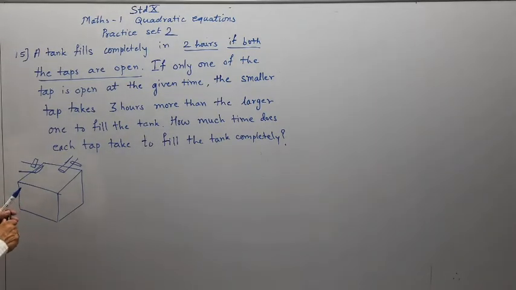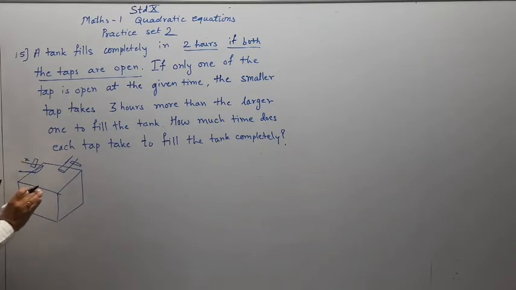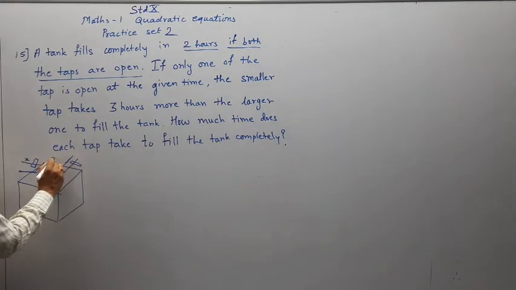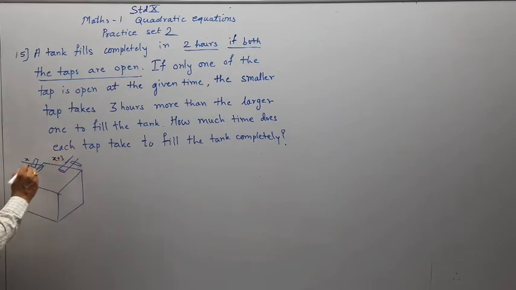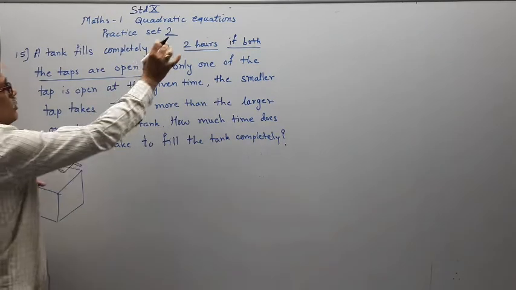If the bigger tap takes X hours, the smaller is closed. And if the bigger tap is closed and only the smaller is open, the smaller takes 3 hours more than the larger. Means how much time will it take? X plus 3 hours. Only bigger X hours, only smaller X plus 3 hours, and both together 2 hours.